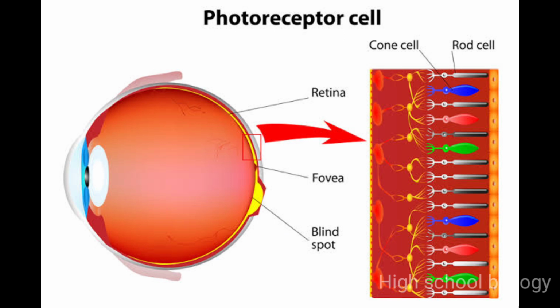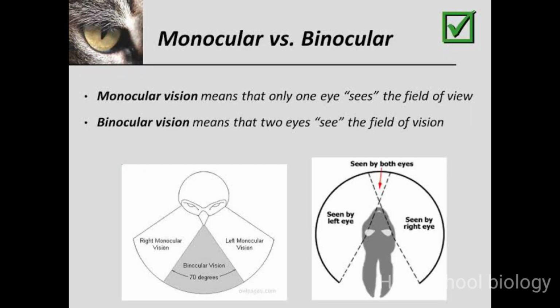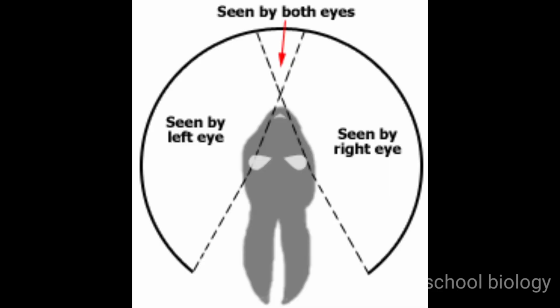There are mainly two types of vision in animals: monocular vision and binocular vision. Look at monocular vision. In monocular vision, both eyes perform the function separately.